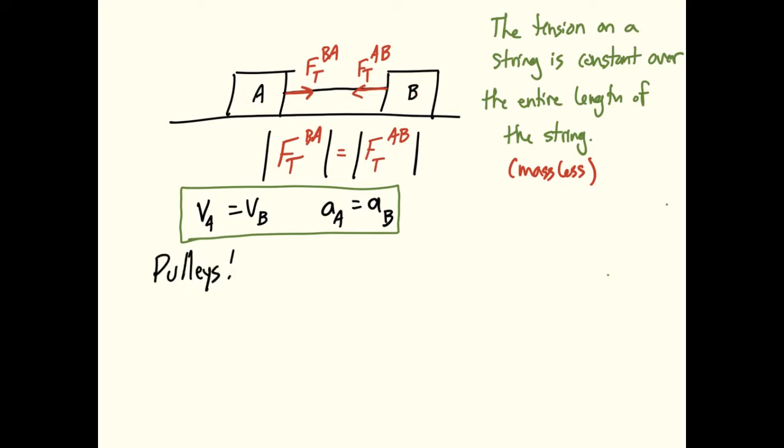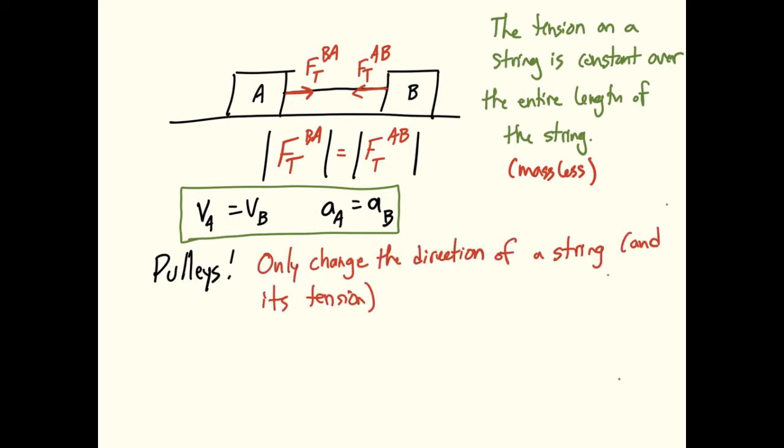So the last thing I have to mention about coupled motion is pulleys. Pulleys in physics only do one thing. They just change the direction of a string and therefore its tension. Now, just like for the string case, that's because the string was massless. In the pulley case, that means that the pulley is massless, but also frictionless.